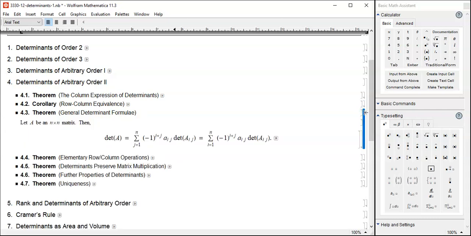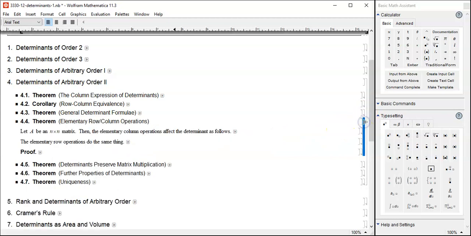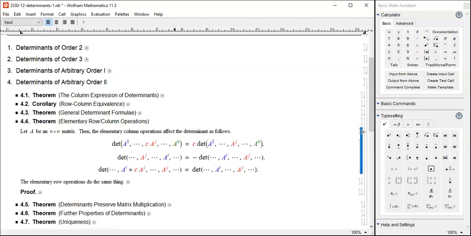General determinant formula, okay. We already discussed how to use this in an example. As for the proof, later, it's too tricky. Now, determinants and elementary row operations or elementary column operations.